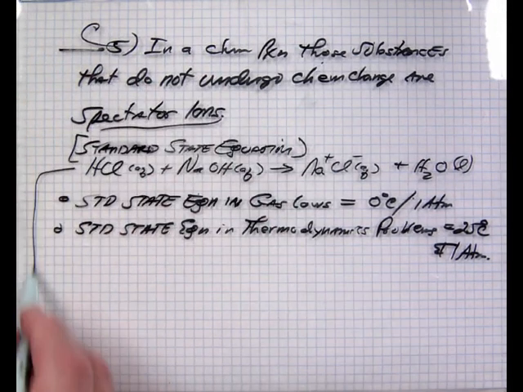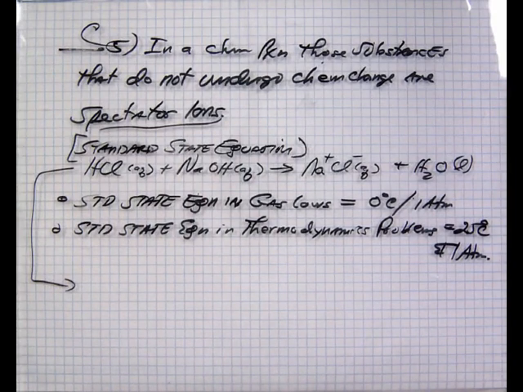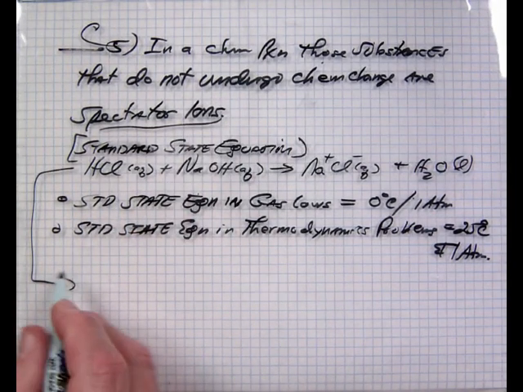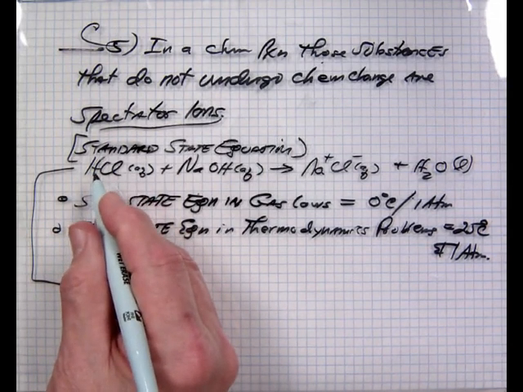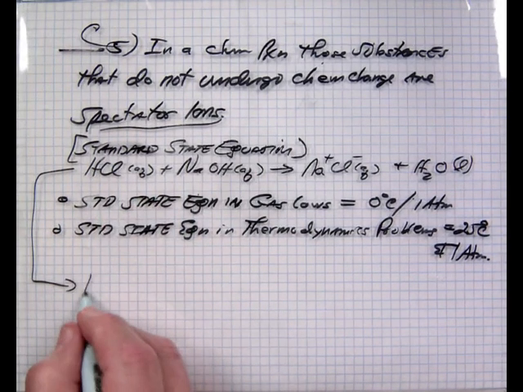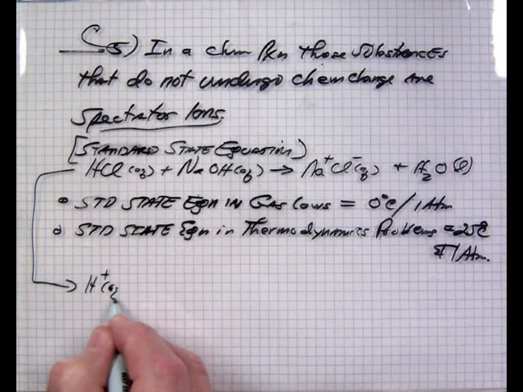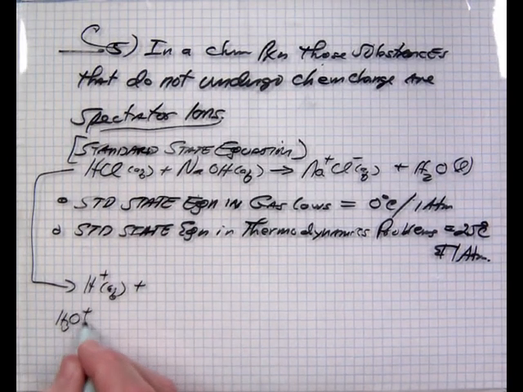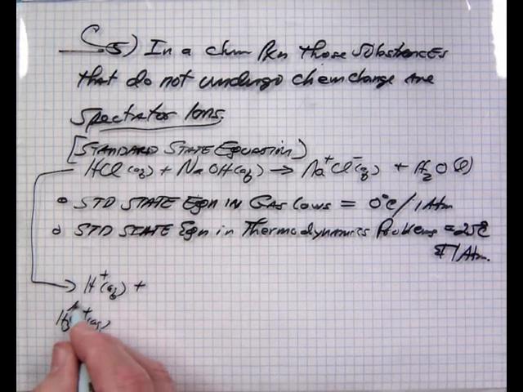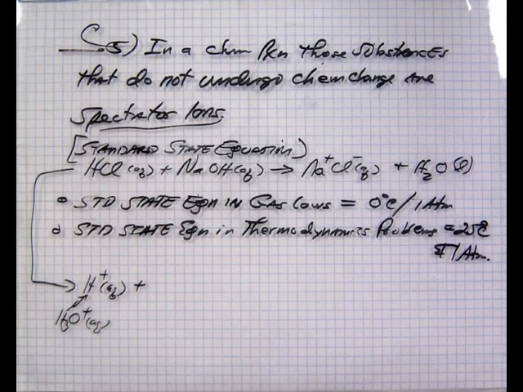Going back to this acid-base reaction, what happens? This is a strong acid, ionizes 100%. Well, I can write that like this, or H3O plus aqueous. This is just an abbreviation of H3O. Protons do not float around in solution by themselves. They kind of attach to something else to go around.